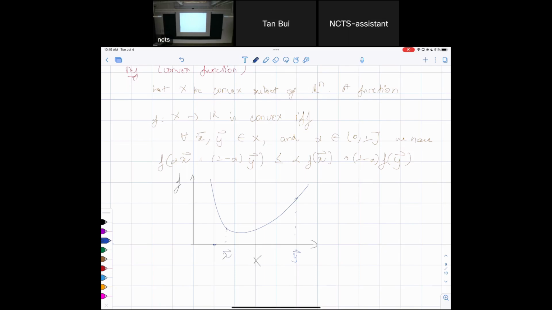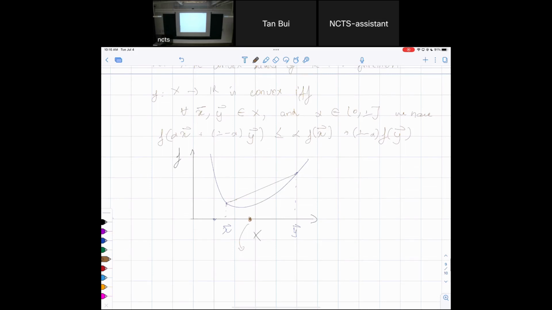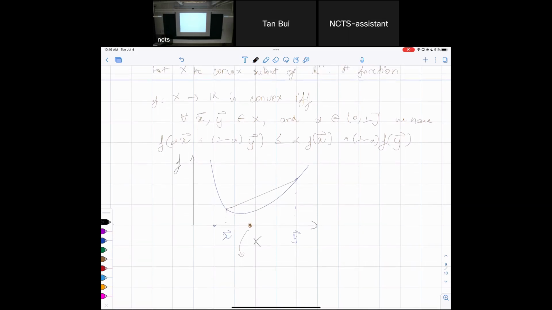First, this is the line segment between x and y. And then if I take alpha, this point is alpha x plus 1 minus alpha y, a convex combination, so it's in between.